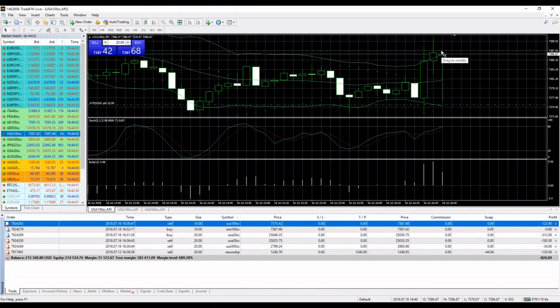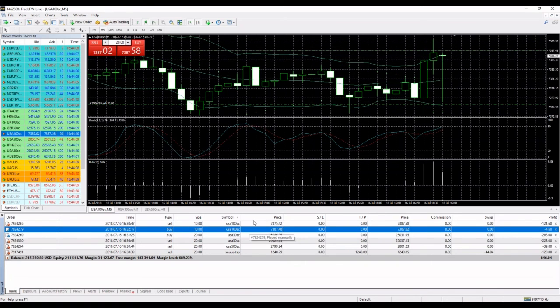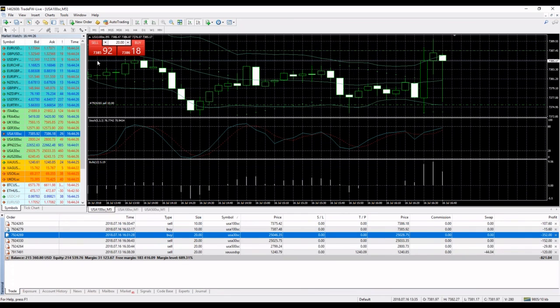So once I start making money on the buy position, I will close it, and once it turns back, I will close the other one. But here I need a bit more time because the gap is bigger than with USA 30, what I'm talking about.